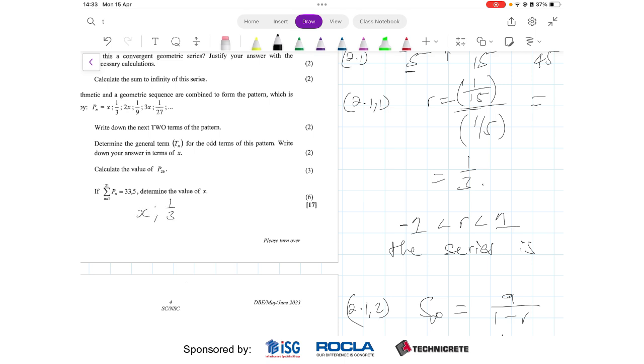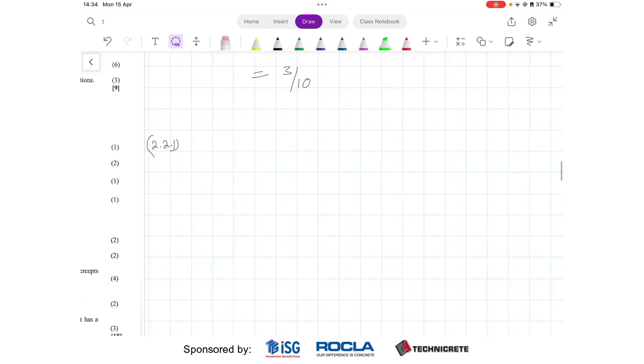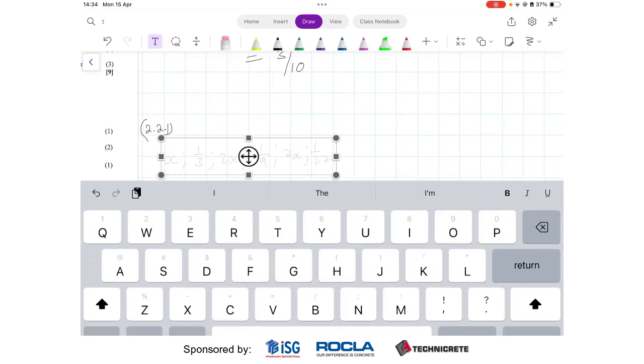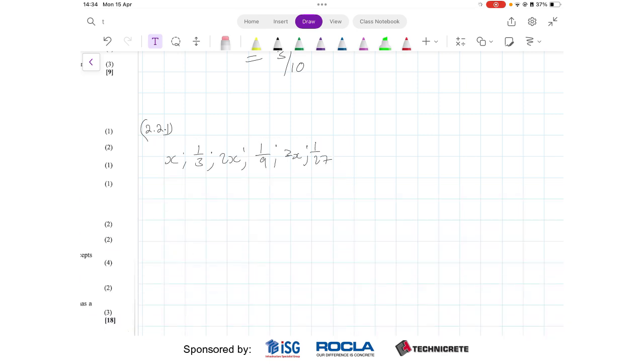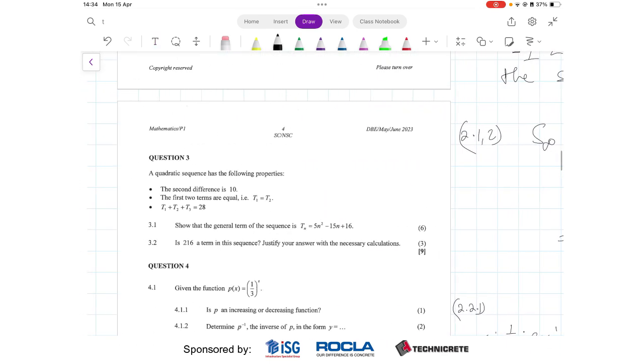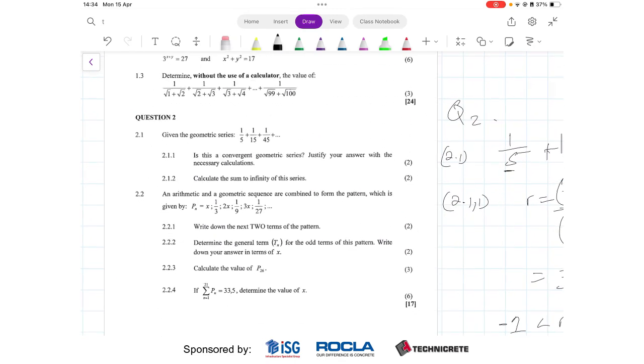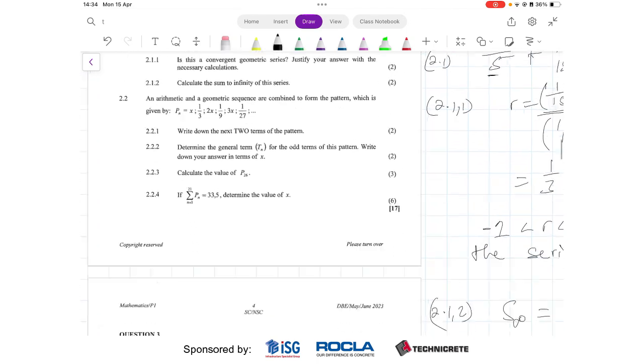x times 1 over 3, 2x times 1 over 9, 3x times 1 over 27. All right, fine. So what are we told to calculate? We are told to write down the next two terms in the pattern.